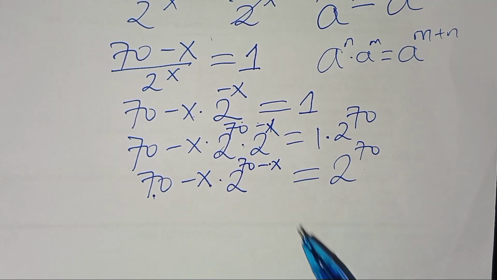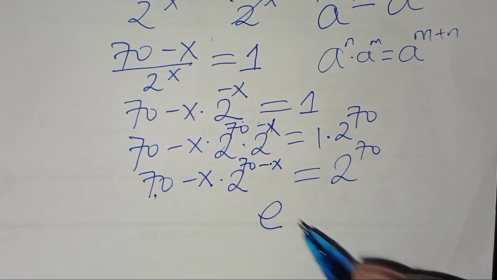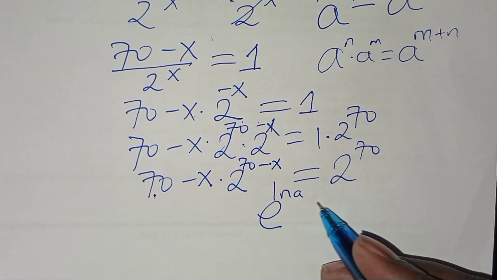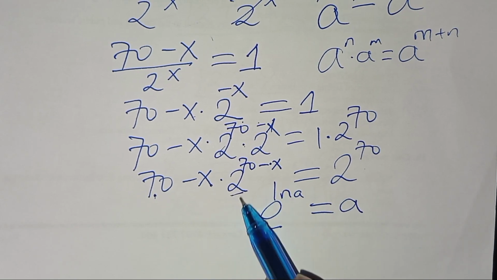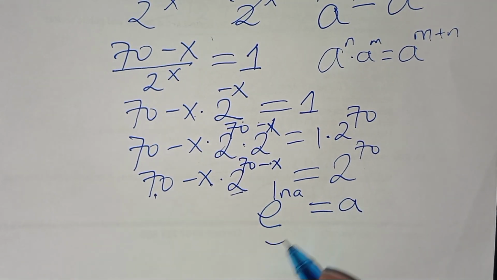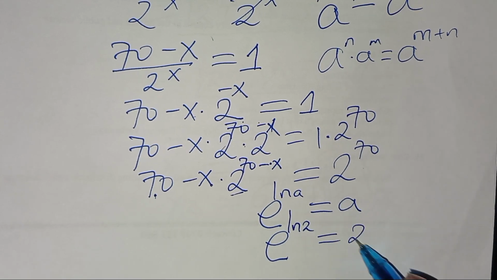Now you can see the coefficient is the same as what we have in the exponent. The next step: let's introduce the exponent rule, a to the power natural log of a is basically equal to a. So we can write 2 in the form of the exponent as e to the power natural log of 2, which is basically equal to 2.